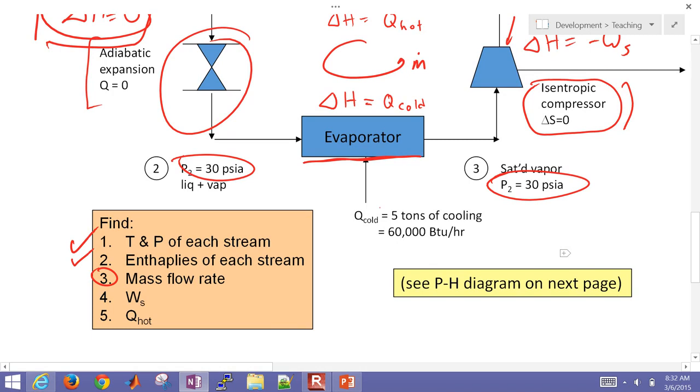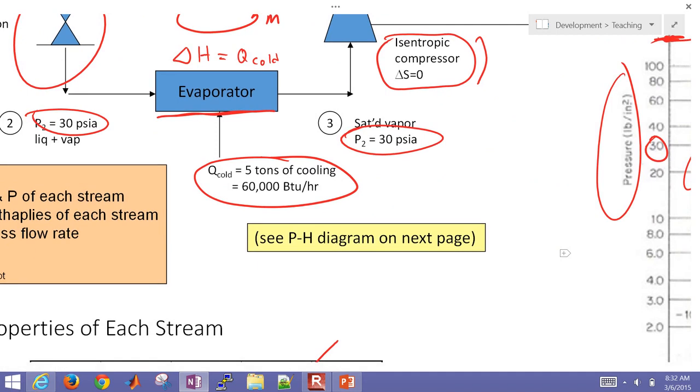Okay, so we know that we need that much cooling right there, and we know that this delta H equals Q cold, but we also know that delta H is going to be the mass flow rate times the change in specific enthalpy.